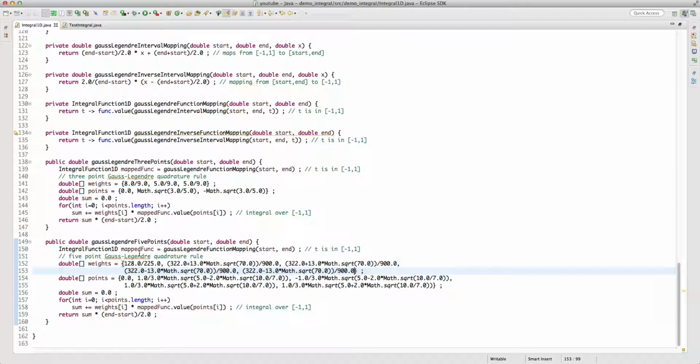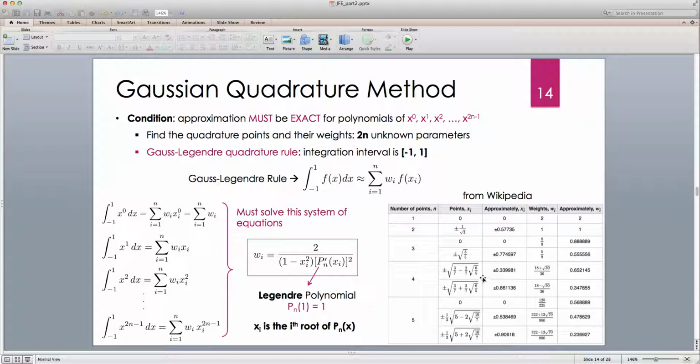Let's check the weights. 322 minus, and the roots are 0, 1 over 3, square root of 5 minus 2, square root of 10 over 7. 322 plus 13 square root of 70 over 900.